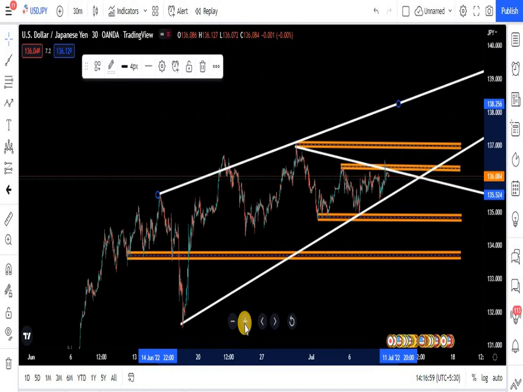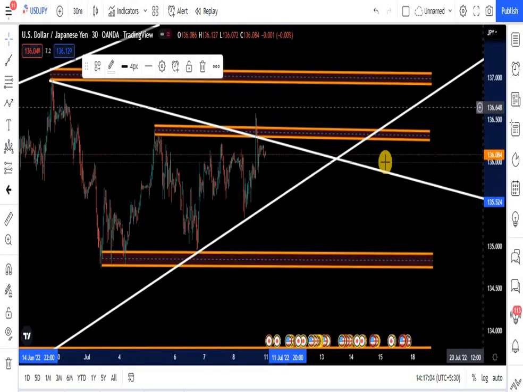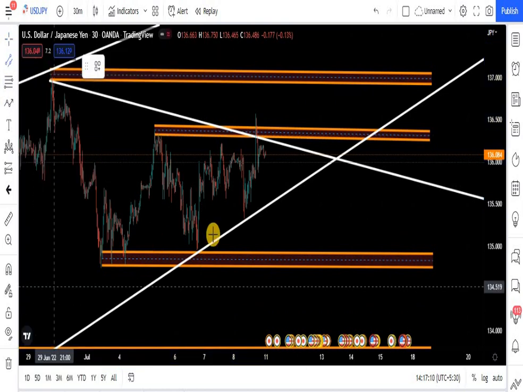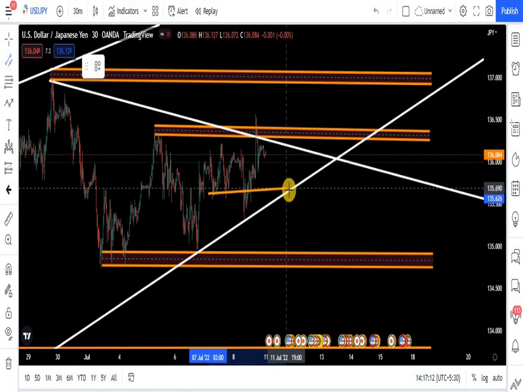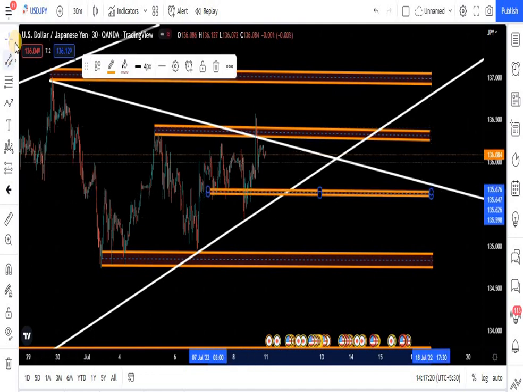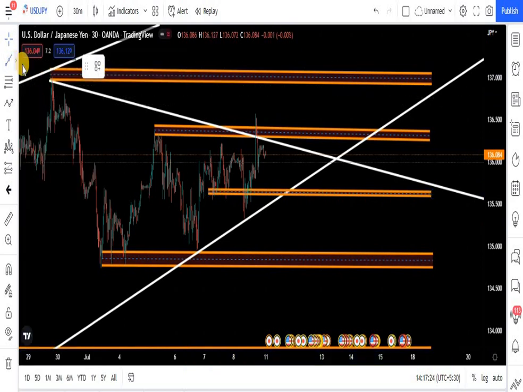Now, what are the important key levels for next week? You always need to find some small area where the market is taking support, like this. It's also one small support previously taken. And some trend line, a small trend line actually.